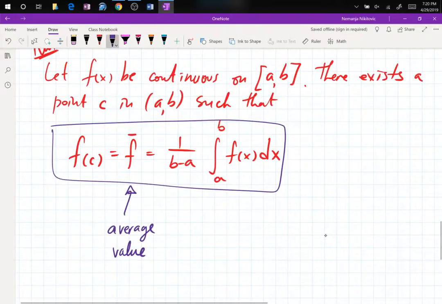But if I put 1 over b minus a, it is going to calculate the average rainfall across those 3 months. If you want a single month, then you just go 5 to 6. 5 to 6 would be June.